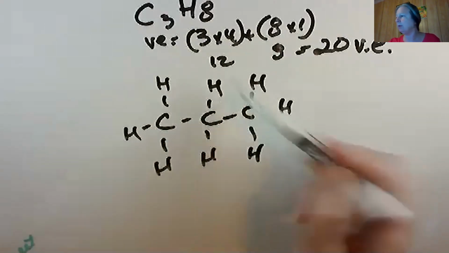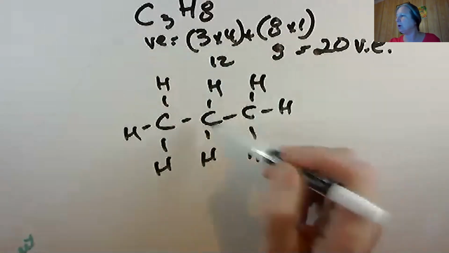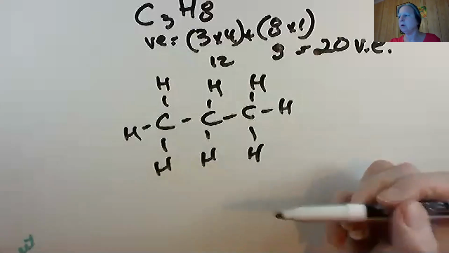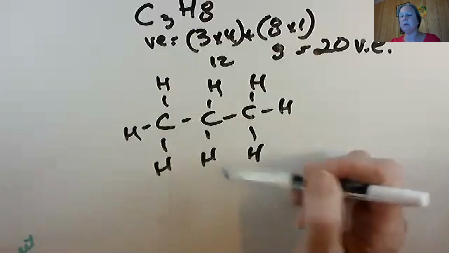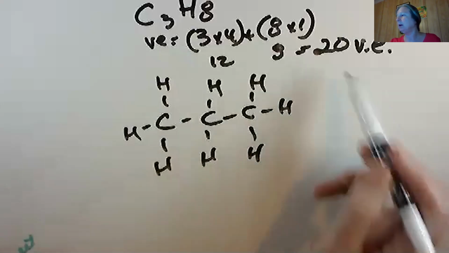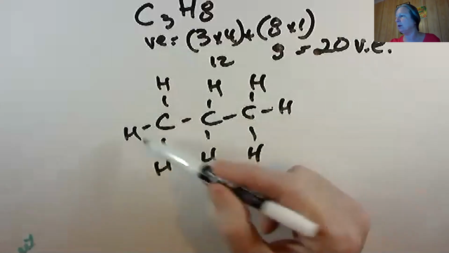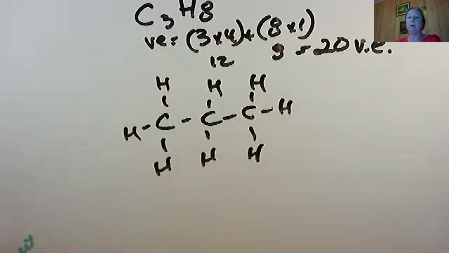I have 3 carbons, 3, 4, 5, 6, 7, 8 hydrogens, and each carbon satisfies the octet rule. Each carbon has 4 bonds, so that's 8 electrons. I count my valence electrons, 2, 4, 6, 8, 10, 12, 14, 16, 18, 20. So yes, I had 20. So there is my Lewis structure.